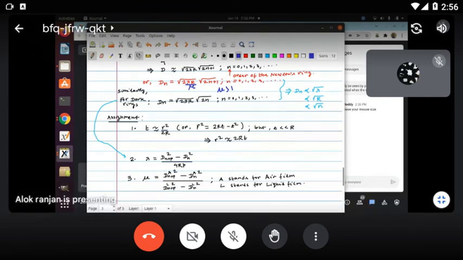Okay. So if you have no further question, I think we should stop here, and we'll meet tomorrow. That means in the next class we will discuss the single slit experimental setup and the theory behind the Fraunhofer class of diffraction. Okay. Bye everyone.